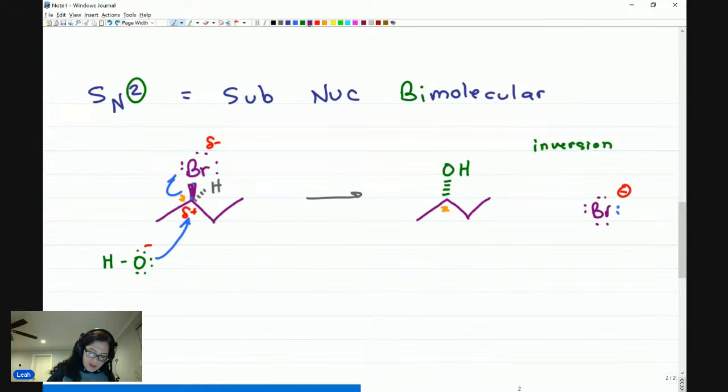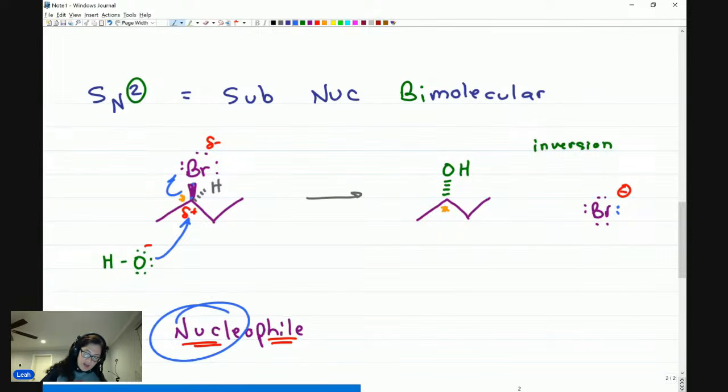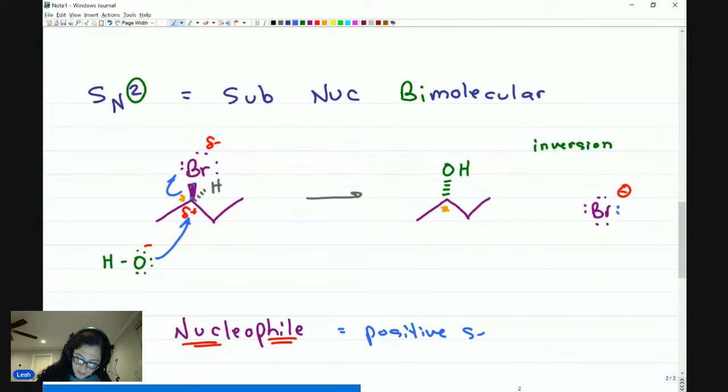A nucleophile, let's quickly review terminology. Nucleophile comes from nucleo, or nucleus, and phile, which is loving. A nucleus is positive. Therefore, something that likes a positive is going to look for the positive. It is positive seeking.